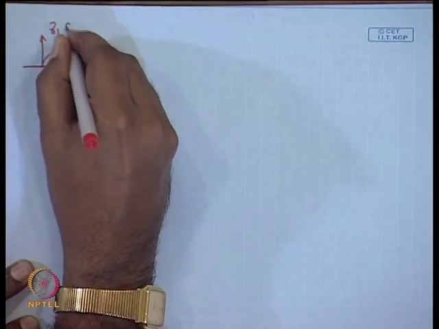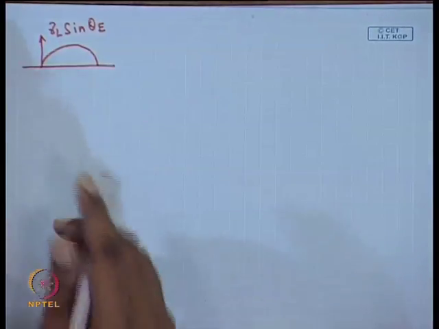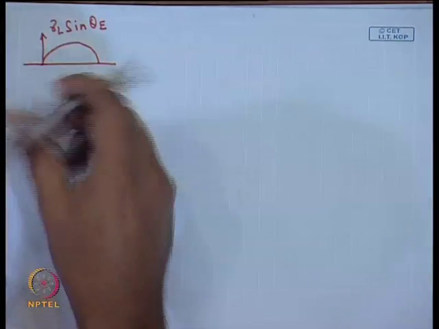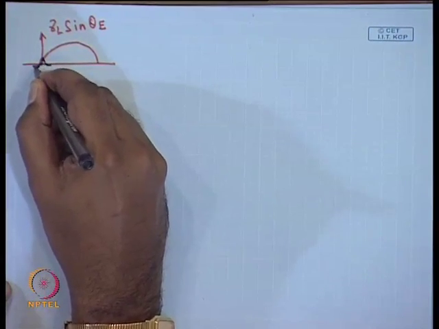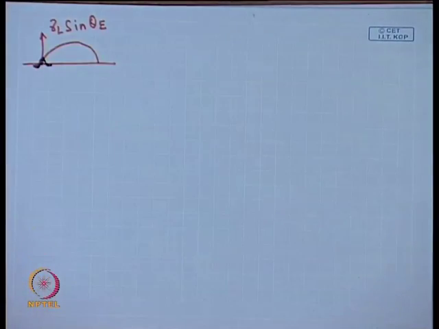So, this will be gamma L sin theta E. It will try to cause some sort of deformation on the solid surface here. It will probably try to pull the surface, but if the substrate you are using is a rigid solid surface, this force becomes too weak to cause any deformation.